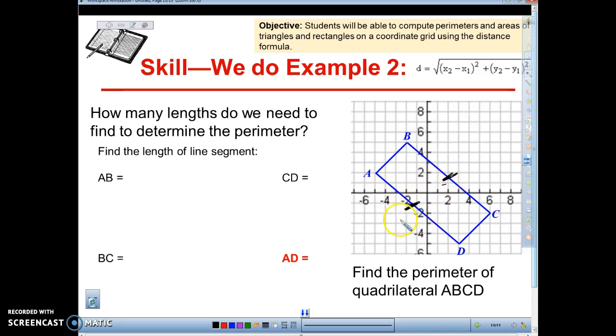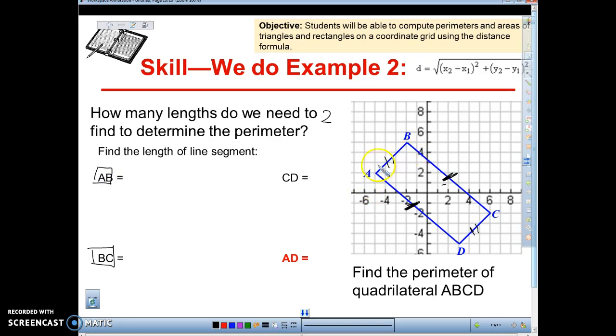So these two sides are equal, and the width is also congruent to itself. So really, we only need to calculate 2 sides in order to figure out our perimeter and area. So I'm going to calculate AB, and I'm going to calculate BC. I'm only going to calculate these two, and then I'll just write in these two values.